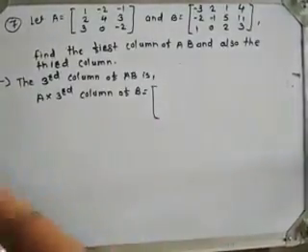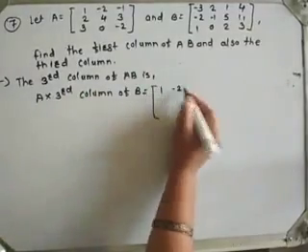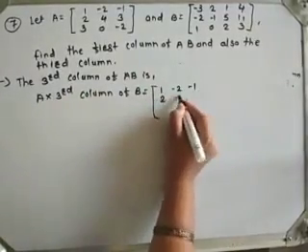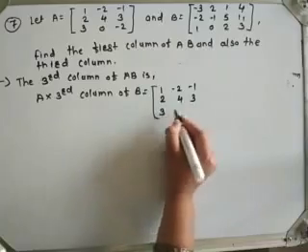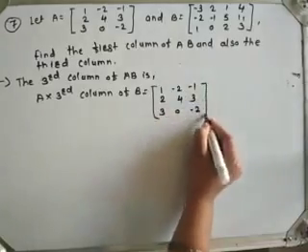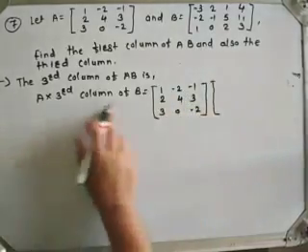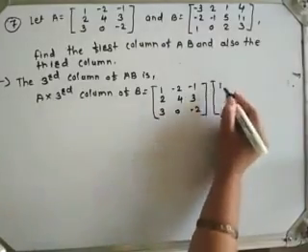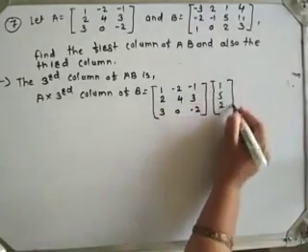Matrix A is [1 -2 -1; 2 4 3; 3 0 -2], and the third column of B is [1 5 2].